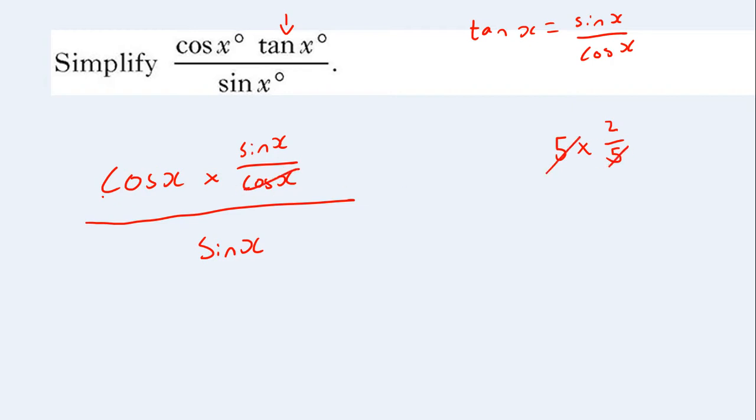We're going to cancel the cosines out. So what we've got now is sine x over sine x. And I hope that you agree that any number divided by itself is 1. And so this rather nasty expression at the top just becomes the number 1. Much easier to deal with.